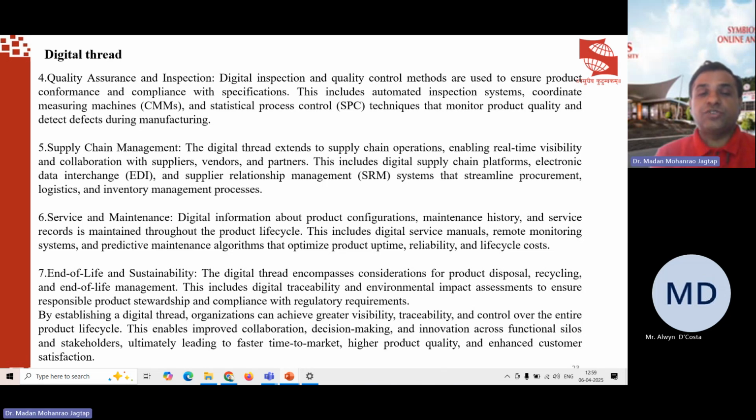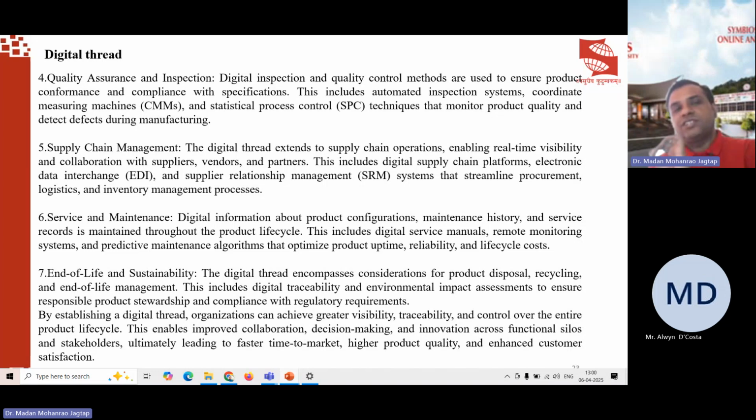This includes digital traceability and environmental impact assessment to ensure responsible product stewardship and compliance with regulatory requirements. Whatever regulations are there, whether the product is following those regulations or not, can be observed with the digital thread. In this way we can check the whole life cycle of a product, from the design point to the end of life, through a digital thread.